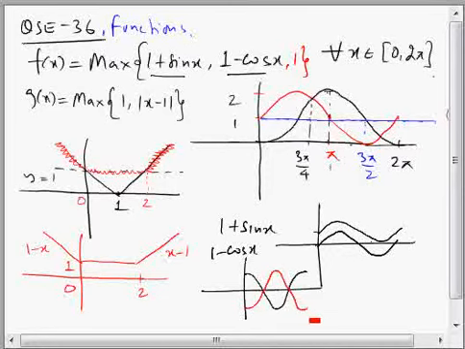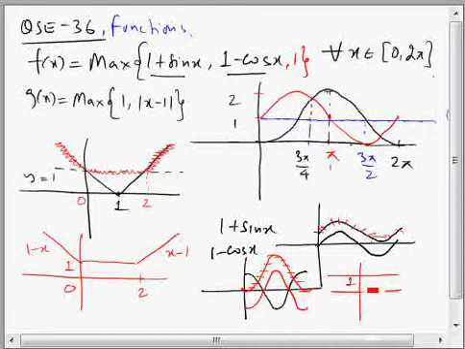This is minus cos x. Minus cos x plus 1 means we have to shift minus cos x 1 unit up. So this is 1 minus cos x graph. This is 1 plus sin x graph, and you know 1 is the horizontal line intersecting y-axis at 1.